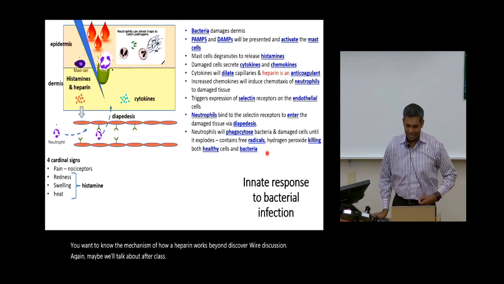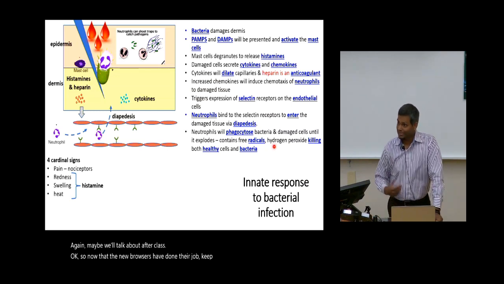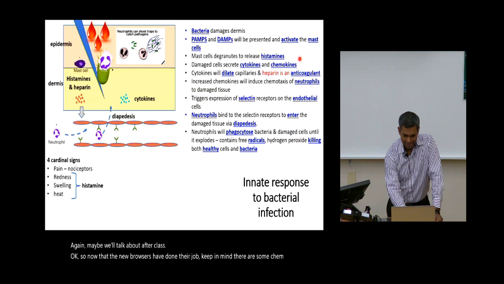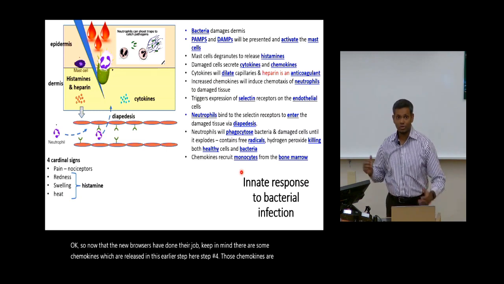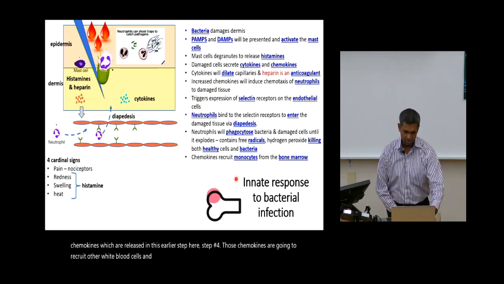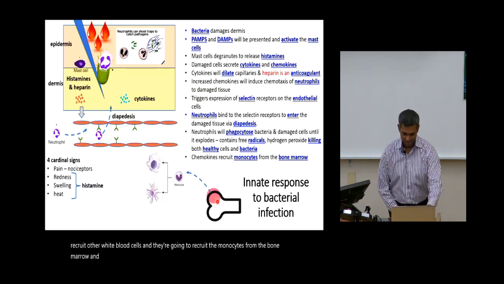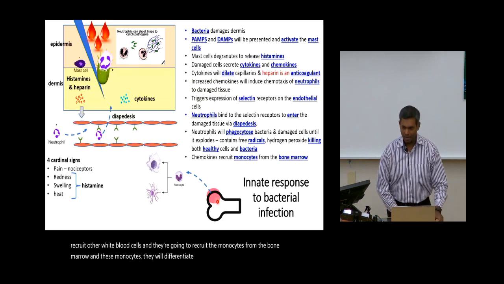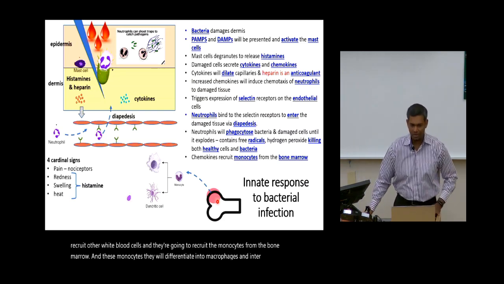Okay, so now that the neutrophils have done their job, keep in mind there are some chemokines which are released in this earlier step here, step number 4. Those chemokines are going to recruit other white blood cells, and they're going to recruit the monocytes from the bone marrow, and these monocytes will differentiate into macrophages and into dendritic cells, right?